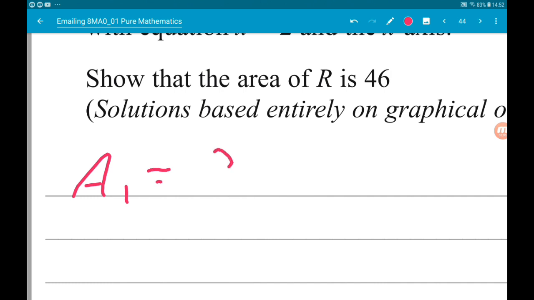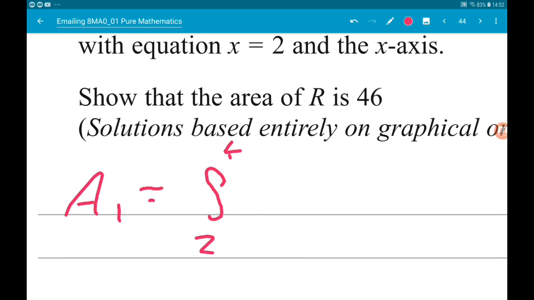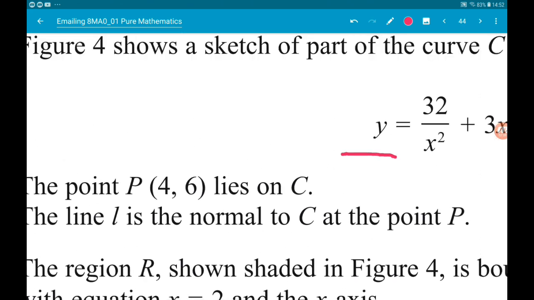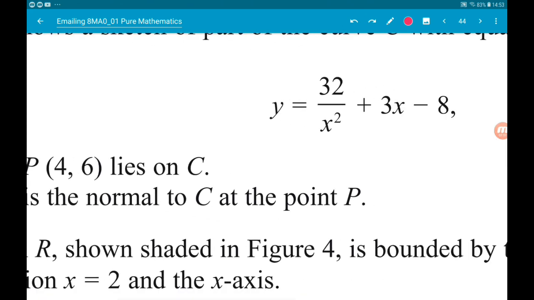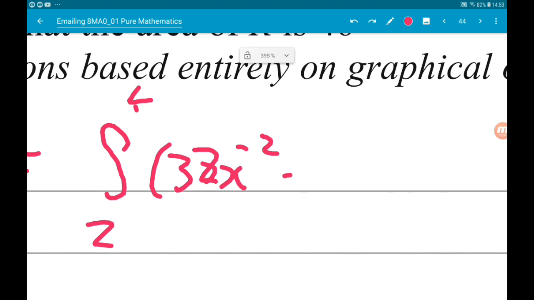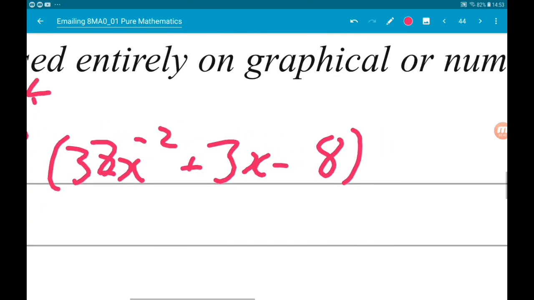And we know that A1 is the integral between 2 and 4 of 32 over x squared, which I'm going to write as 32x to the minus 2, add 3x minus 8, with respect to x.